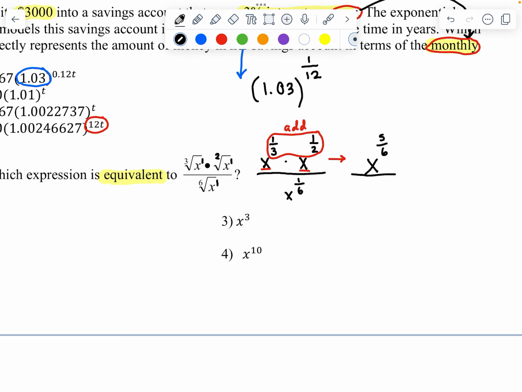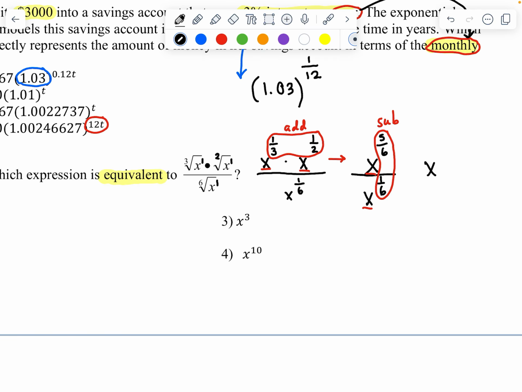Okay. Now on the bottom, I have 1/6. Now there's another rule that when you have the same base and you're dividing, you're actually going to subtract those exponents.